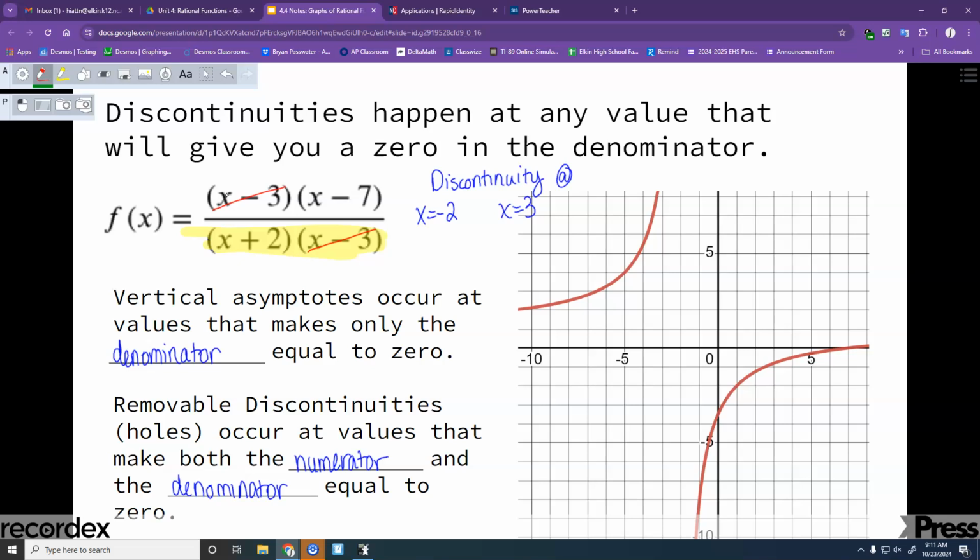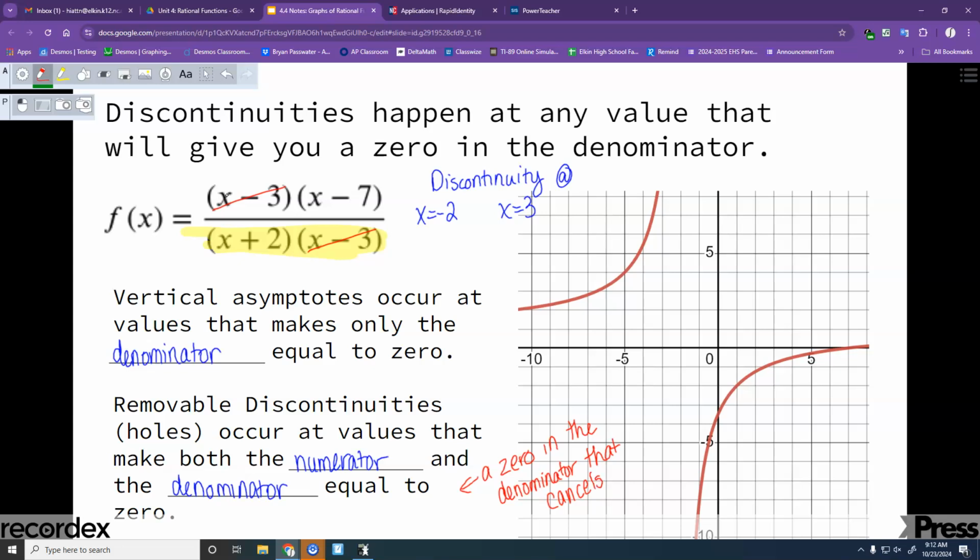So another way we could think about this is a 0 in the denominator that cancels with the top.